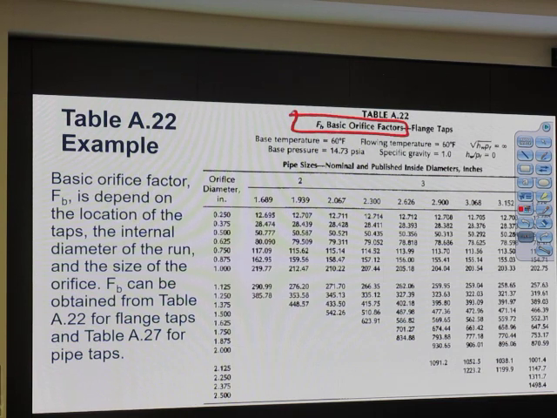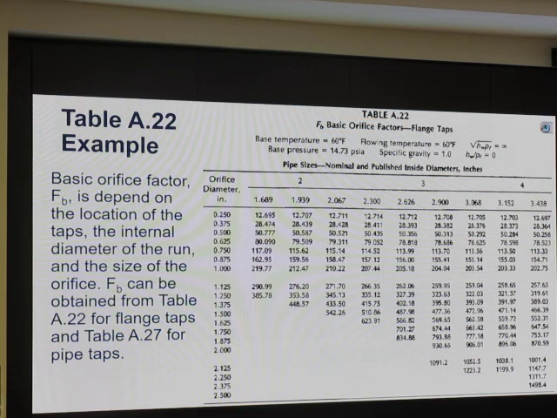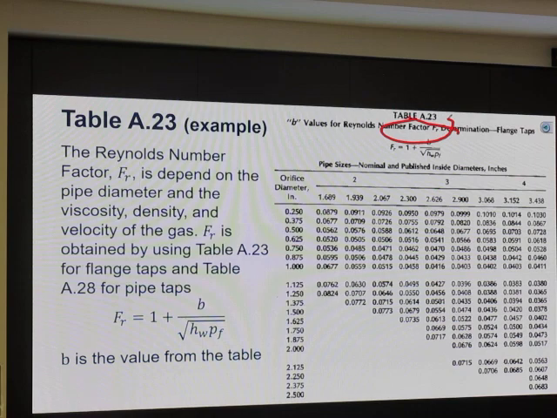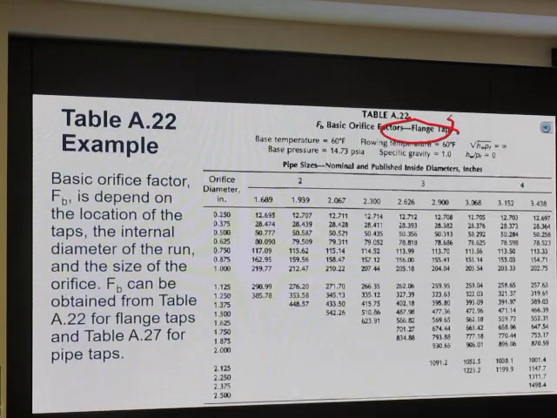Memorize that. The basic orifice factor is dependent upon the size of the orifice. So this is dependent on the flange tap or pipe tap. I didn't show that table. This is for flange tap, and we need to know the orifice diameter and pipe size. How big is the pipe?